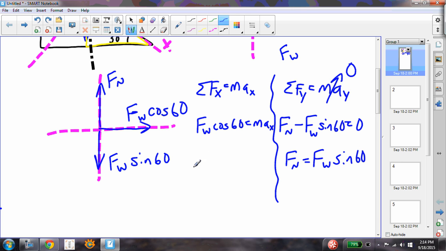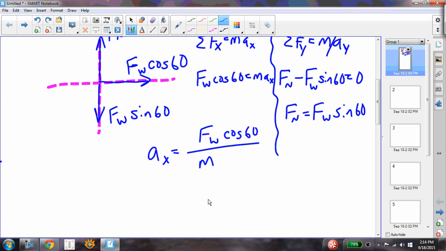And if I want to know, for example, what the acceleration is, I can say the acceleration in the x direction is Fw cosine of 60 all over the mass. So it turns out that this is just equal to g cosine of 60. Remember, because Fw is m times g, and that mass cancels out.